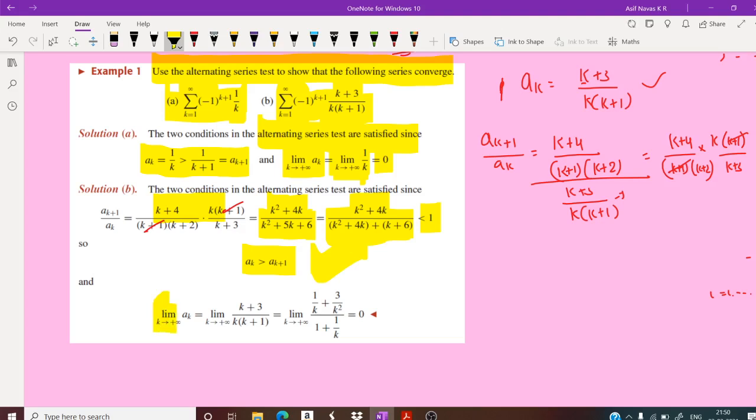For the second condition, the limit as k tends to infinity of a_k is equal to the limit as k tends to infinity of (k+3)/(k(k+1)).